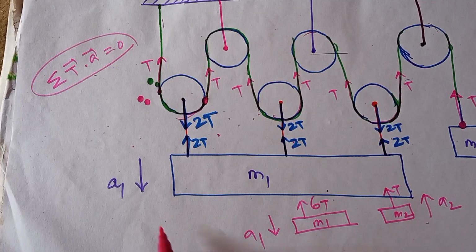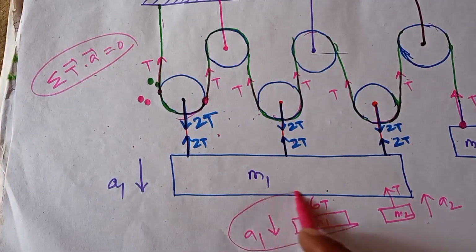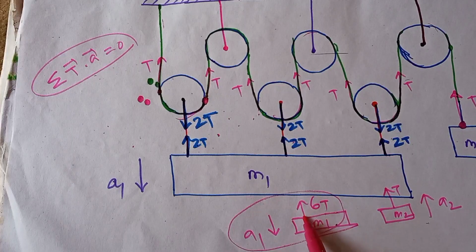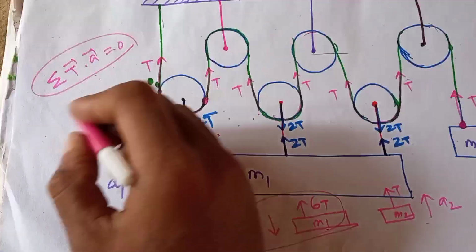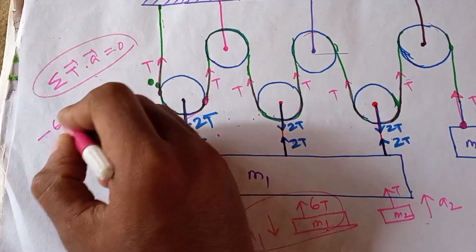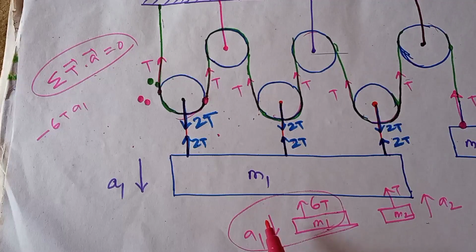Let's apply this T dot A equals 0. For this block, tension is in the upward direction and acceleration is in the downward direction. So the angle between the T vector and the A vector is 180 degrees. So T dot A will be minus 6T into a1, since the angle is 180 degrees and cos 180 degrees is minus 1.